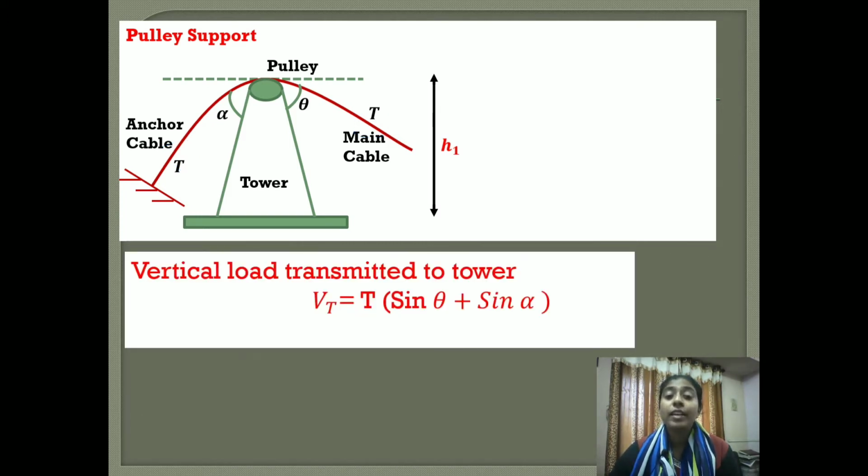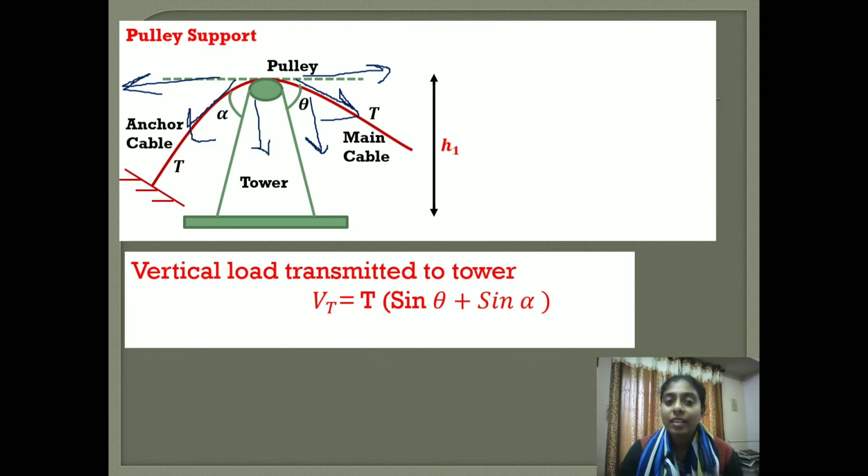So the vertical load that will be transmitted to the tower. Now we have cables. Tension in the main cable is T and tension in the anchor cable is also T. We can resolve the tension in the main cable into horizontal and vertical components, and the tension in the anchor cable also into horizontal and vertical components.